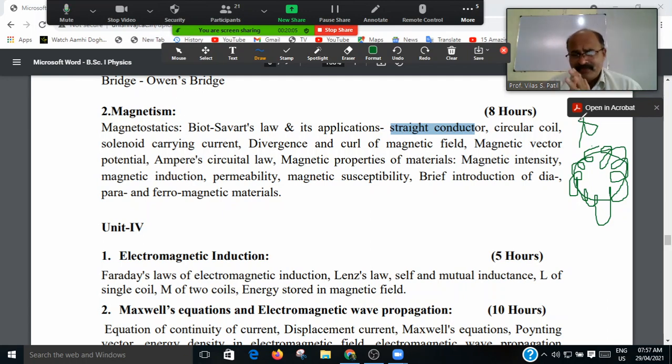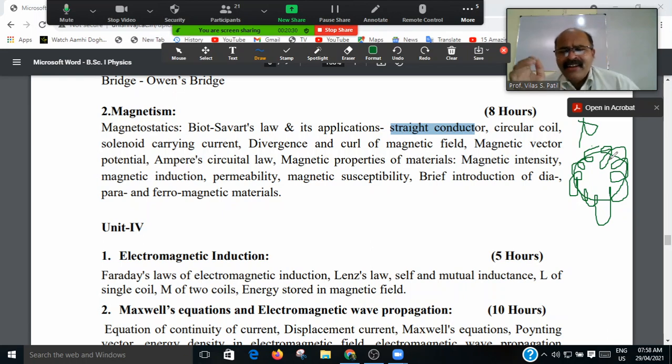And here we have to calculate the magnetic strength along the axis of the coil. This is the axis of the coil, and along the axis of the coil we have to calculate the magnetic induction.